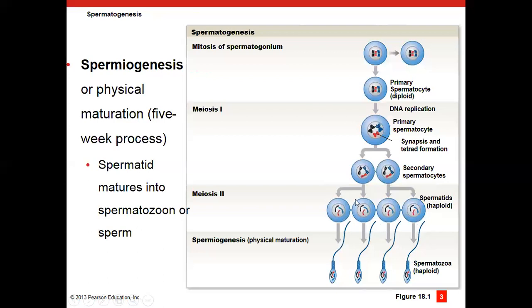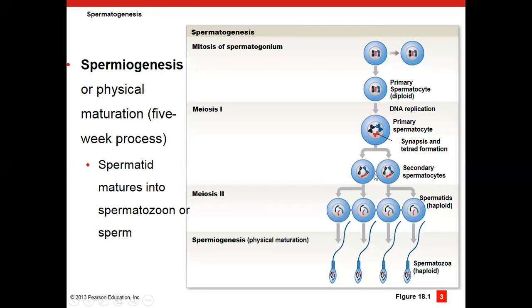Up until this point, this is spermatogenesis. So here's spermatogenesis. Mitosis divides. Primary spermatocytes are diploid, so they've got 23 pairs of chromosomes. And then these spermatocytes undergo meiosis, which allows this original diploid cell to split into haploid cells, which is 23 chromosomes instead of 23 pairs, so half the number of chromosomes, into secondary spermatocytes.